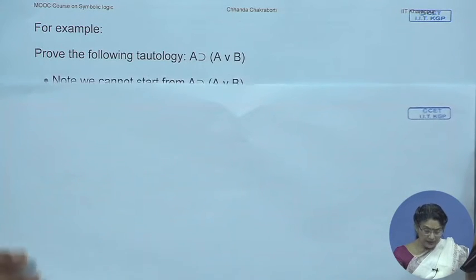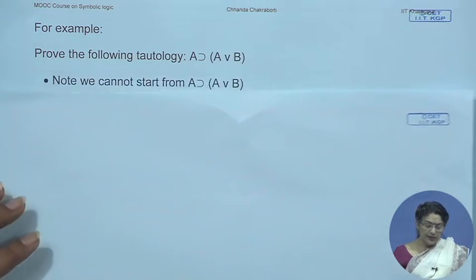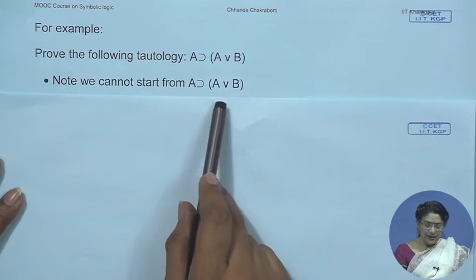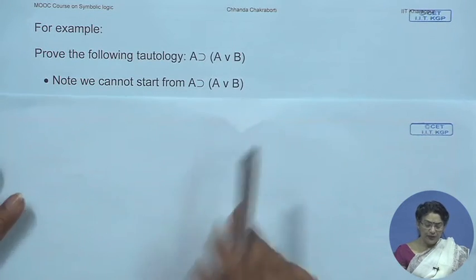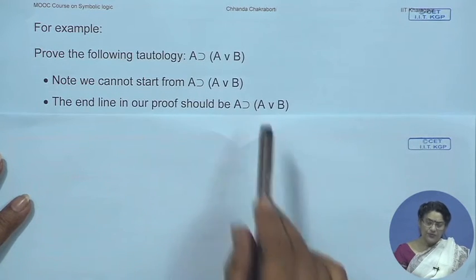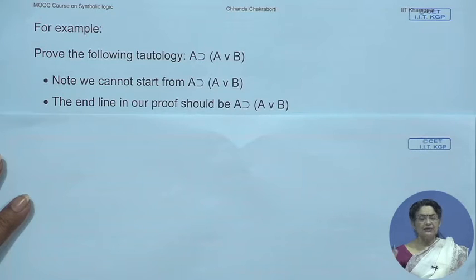And now you probably see what we meant: we cannot take what we are going to prove as the starting point. So, we cannot start from here. That should be the last line, because that is to be the consequence, that is the conclusion, and then you can say, look, I have proven this tautology valid, as a valid consequence.